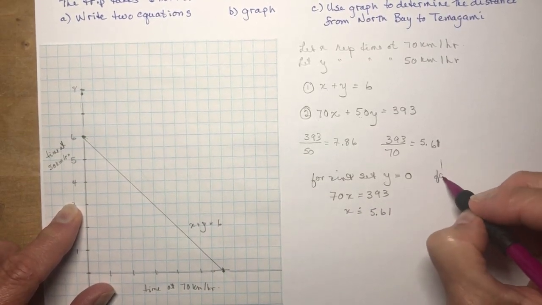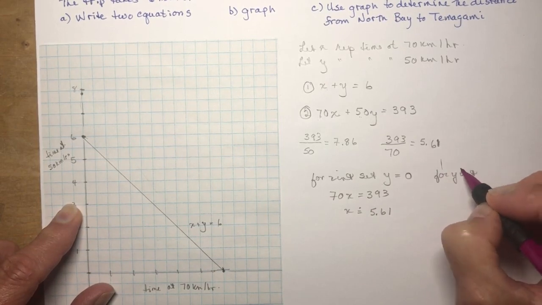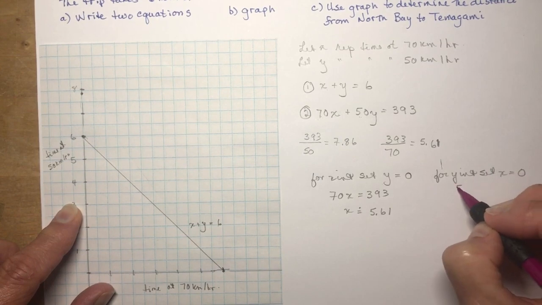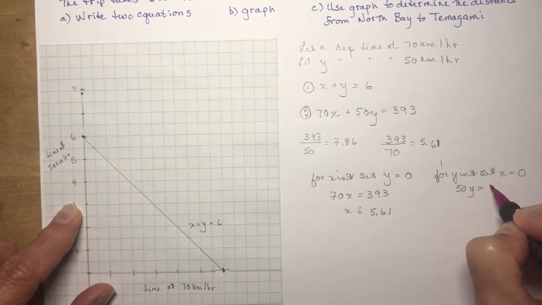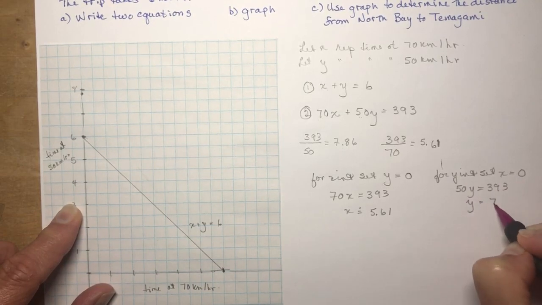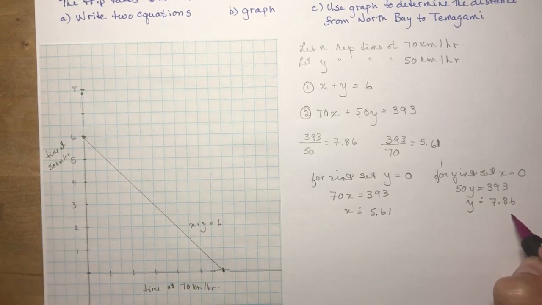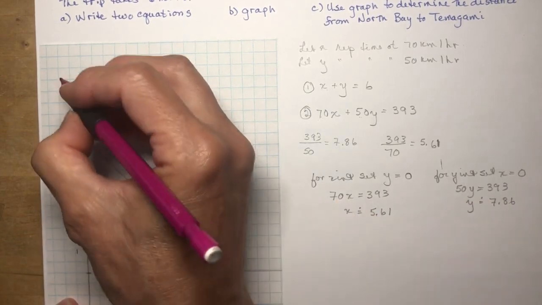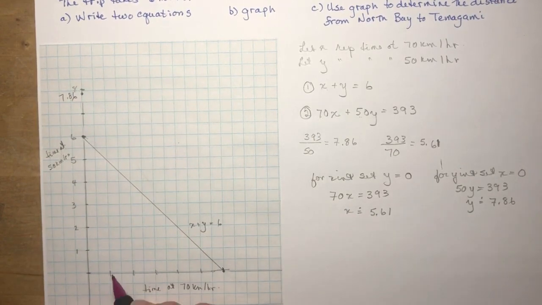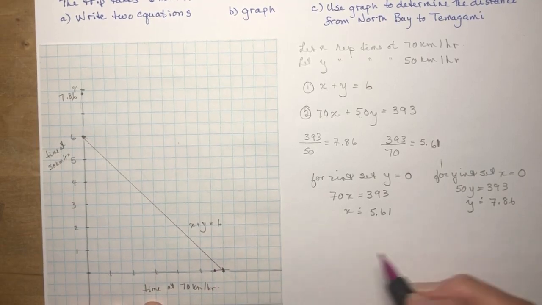Okay, let's write that out for the other one as well, just so you've got it. Set x equal to 0, so 50y equals 393, and y is equal to 7.86, approximately both of these. So I've got 7.86 up here, and the other one is 5.61. 1, 2, 3, 4, 5, 5.5, 5.61 maybe.